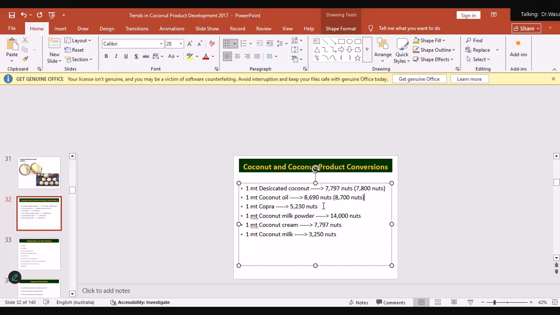Likewise, here roughly you can take it down, 5,200 nuts. Then same as earlier, take it down, 7,800 nuts.